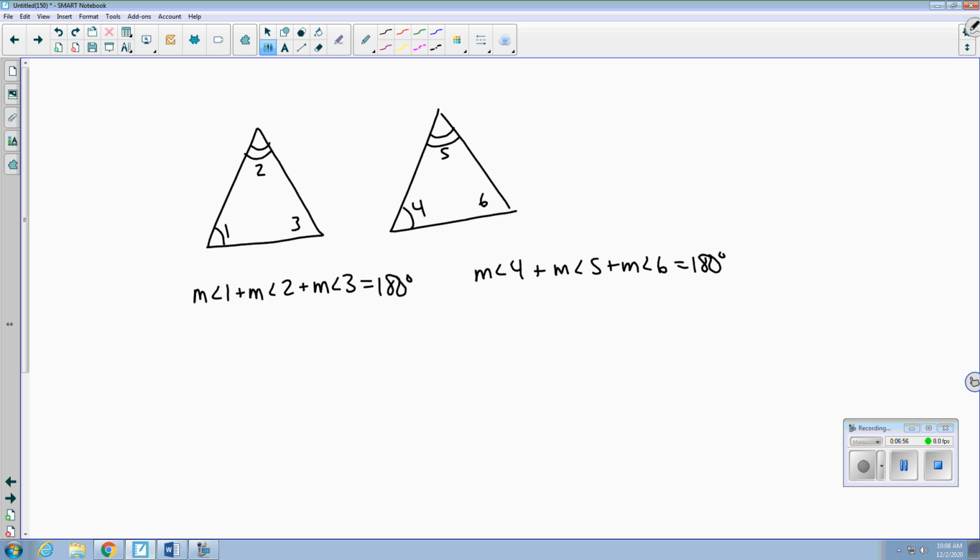And if we know that 1 is congruent to 4, and 2 is congruent to 5, well then through substitution, or rather, both of these equations equal 180, so let's set them equal to each other.